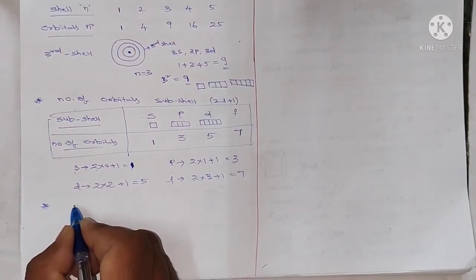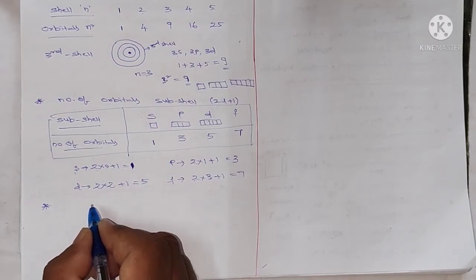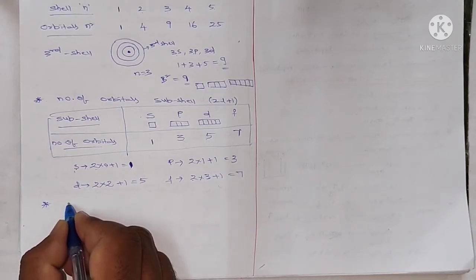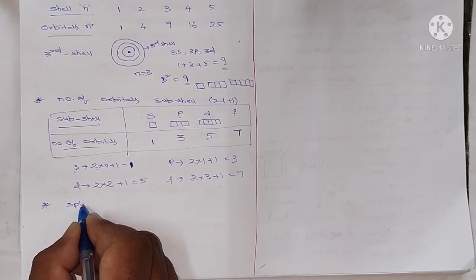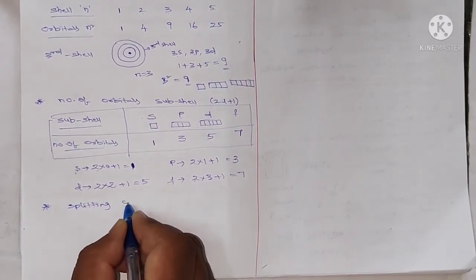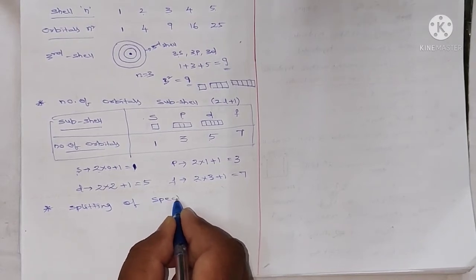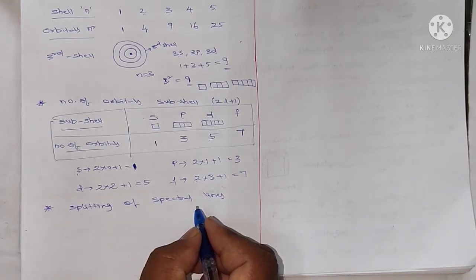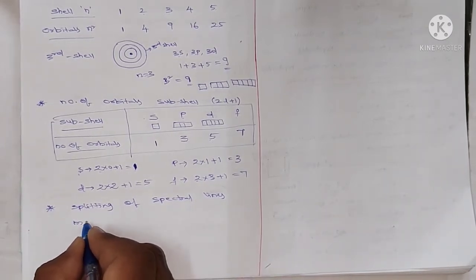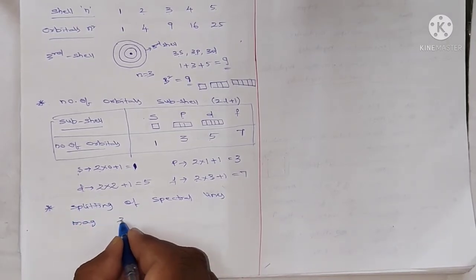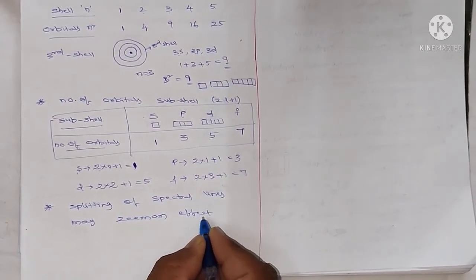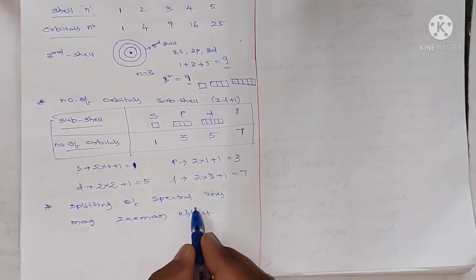The magnetic quantum number tells us about the splitting of spectral lines in a magnetic field, called the Zeeman effect.